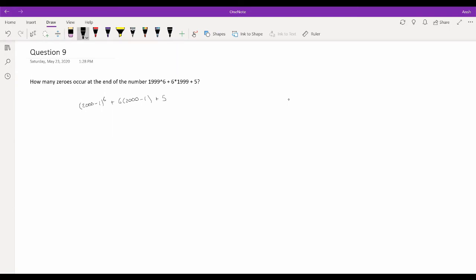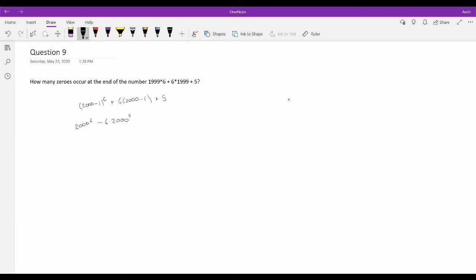So using a binomial expansion, this becomes 2000 to the 6th power minus 6 choose 1, which is 6, times 2000 to the 5th power. There's a minus because we multiply by -1 to the 1st power. However, we're going to omit that because it just takes up more space.